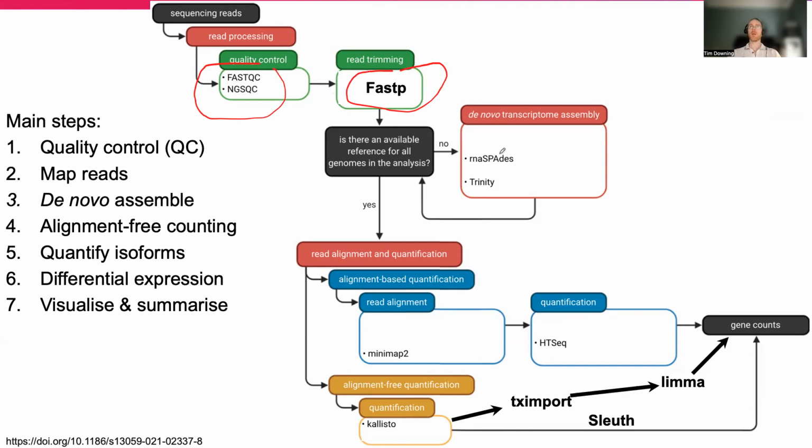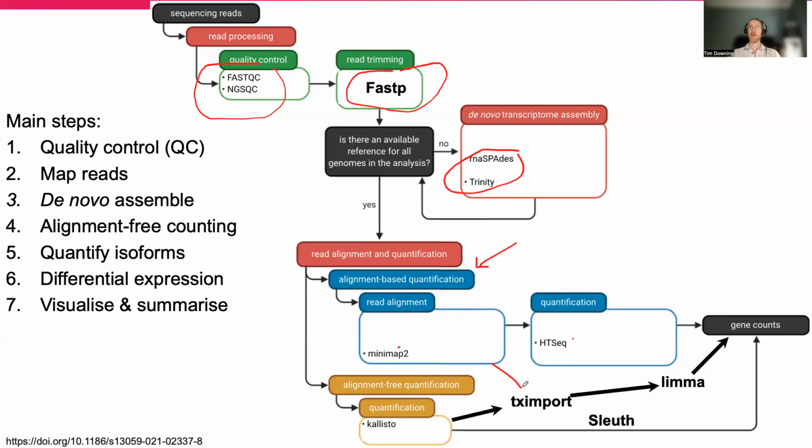There are options here that if we have an unknown species, which we're typically not dealing with for modern day livestock genomes, we can use the likes of RNase-Phase or Trinity to do a de novo transcriptome assembly. If we have a very good reference genome, we can use either alignment-based quantification using Minimap2 and HT-seq.